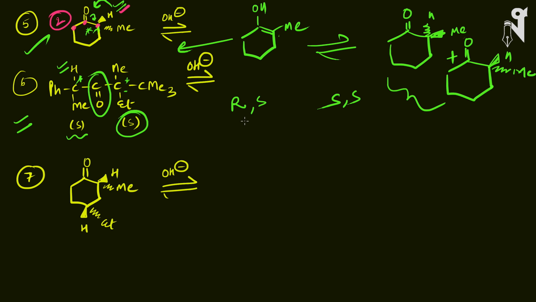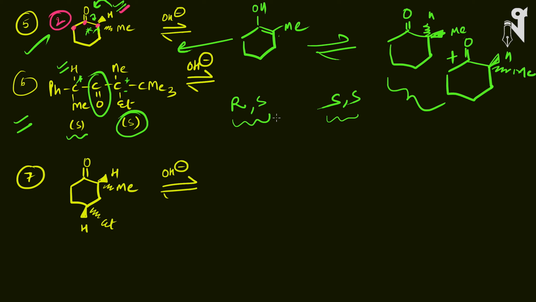So basically two products will be forming. One will be with the configuration of R and S with two optically active carbons, and other will be SS. So this is optically active mixture. This is not optically inactive mixture. Why? Because for optically inactive mixture or racemization, we require completely opposite configuration. Here the configuration is not opposite.